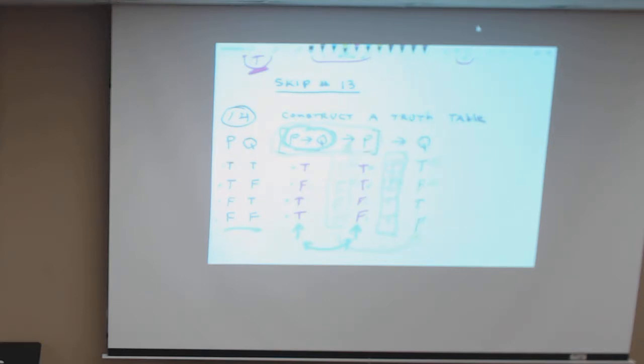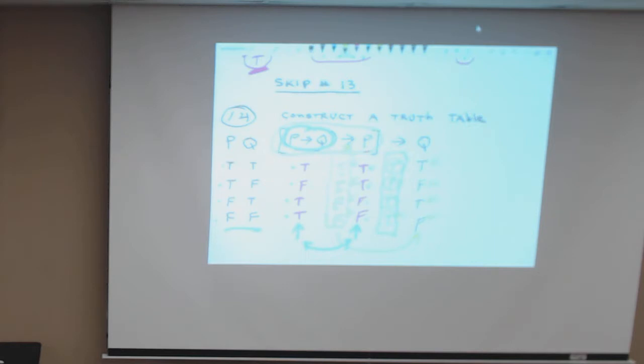I'm looking at false and true, and that's true. From your little chart, right? You're just looking at your chart there. And I'm looking at false and false, and that's true.